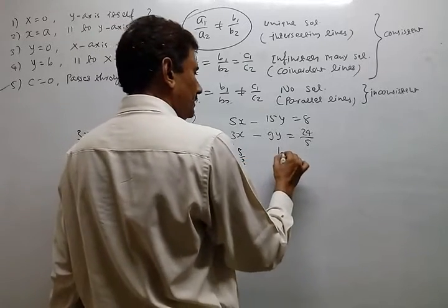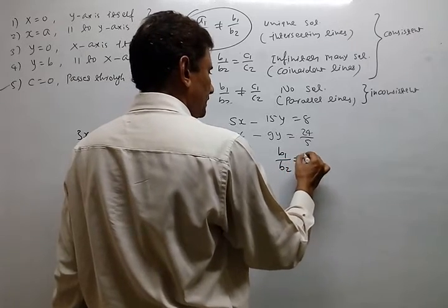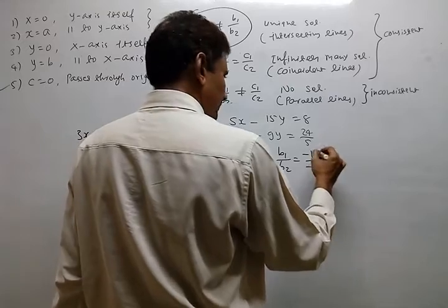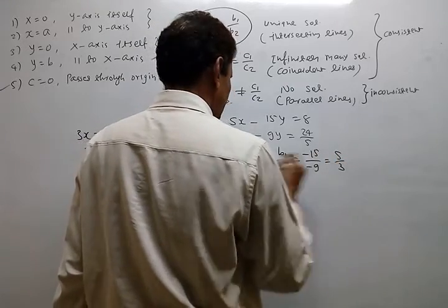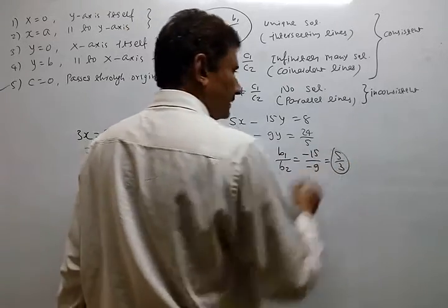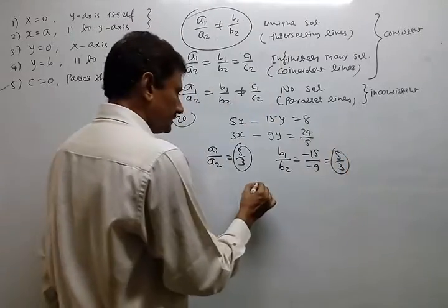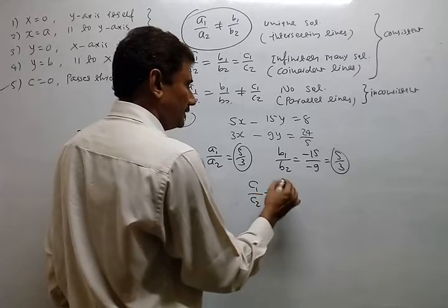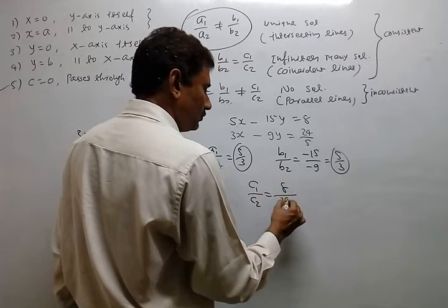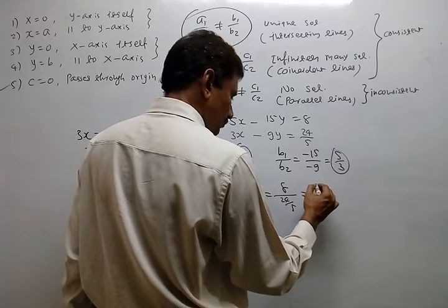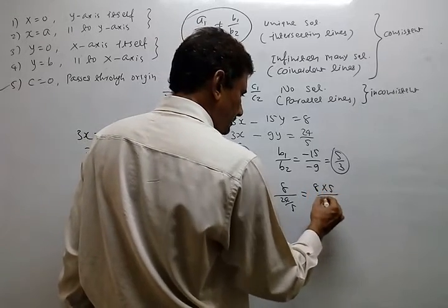Now b1 upon b2, minus 15 upon minus 9. Minus minus becomes plus. Three 5s are 15 and three 3s are 9. So this is 5 by 3, this is also 5 by 3. Now look at c1 upon c2. So 8 upon 24 by 5, but the denominator comes up, so 8 5s are 40, 5 comes here.